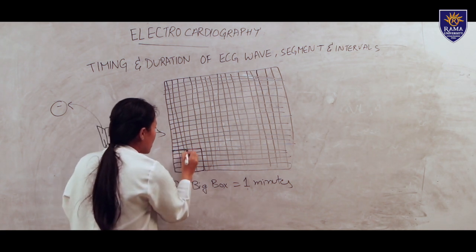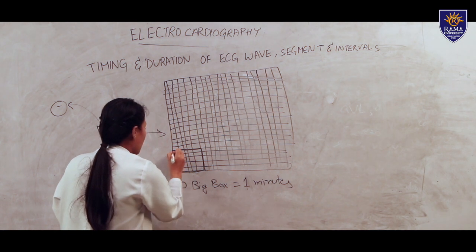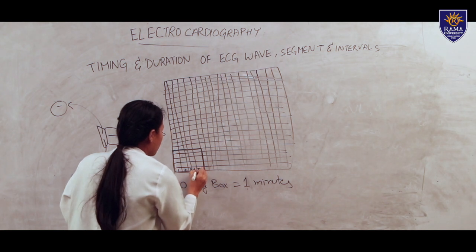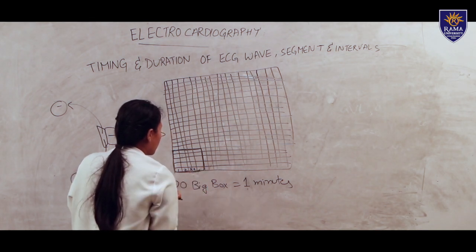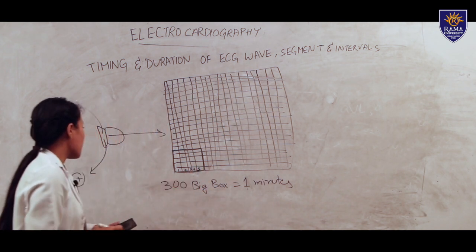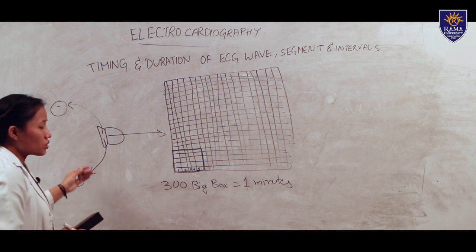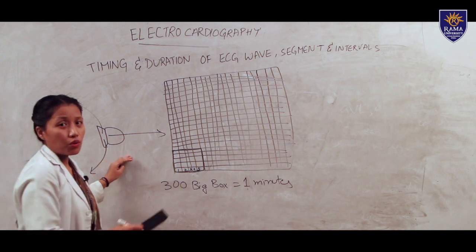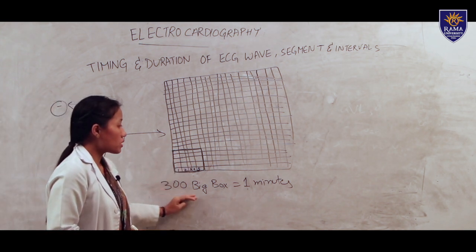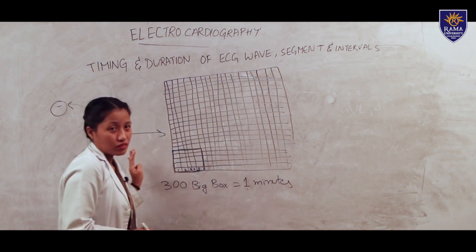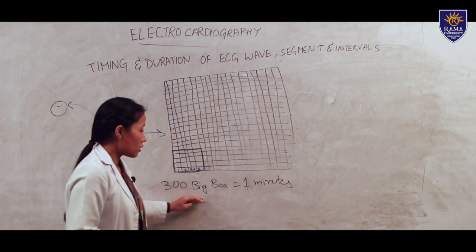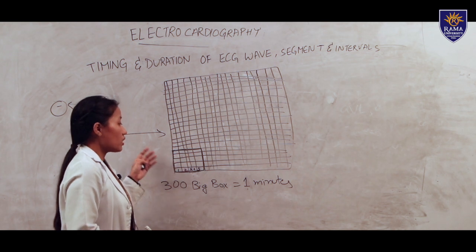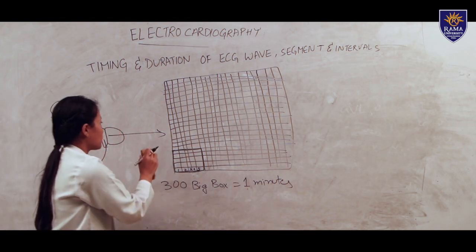This is one big box, and in one big box there are 5 small boxes. Regarding the speed under the pointer, the rolling paper passes 300 big boxes under the pointer, under the needle deflections, during a minute.